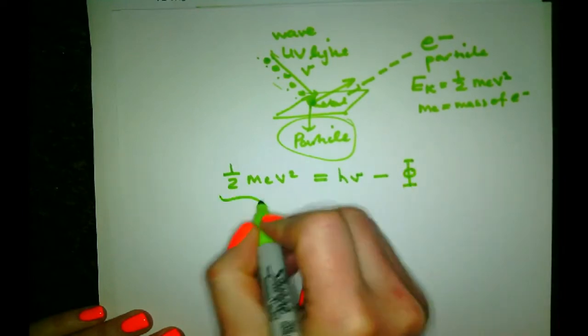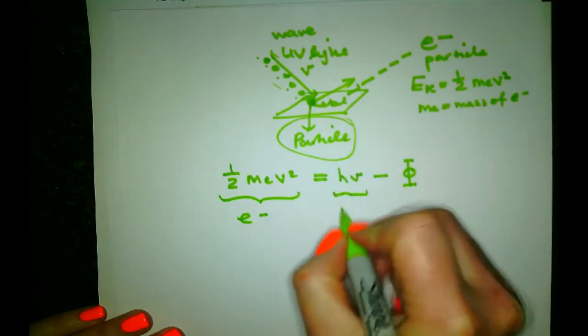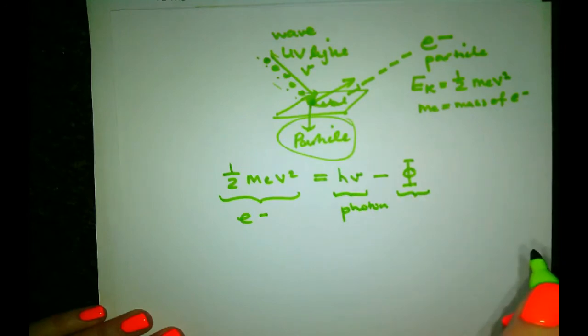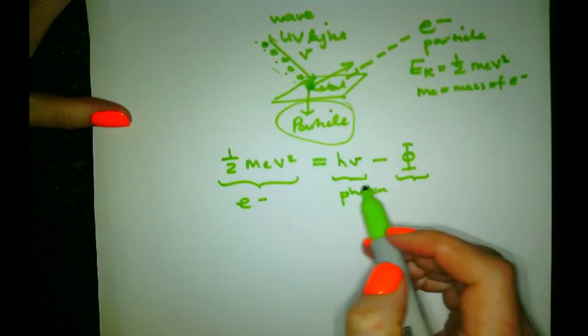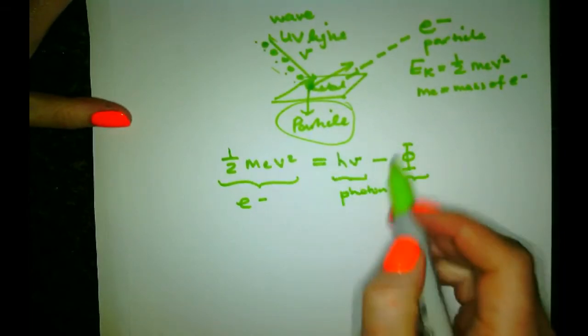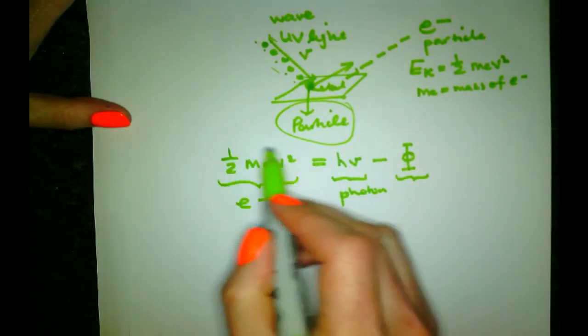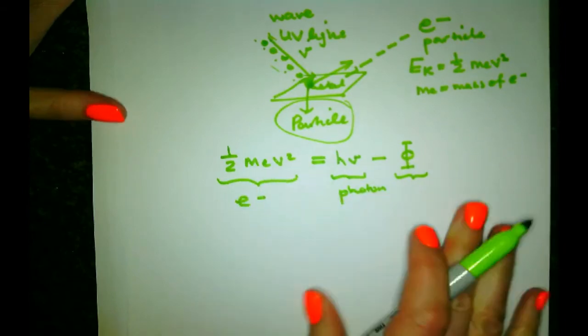So remember, this is the electron, that is the photon, and that is the work done to remove the electron from the metal. So some of the photon's energy is used to remove the electron, and the rest is transferred to the electron itself in terms of its kinetic energy.